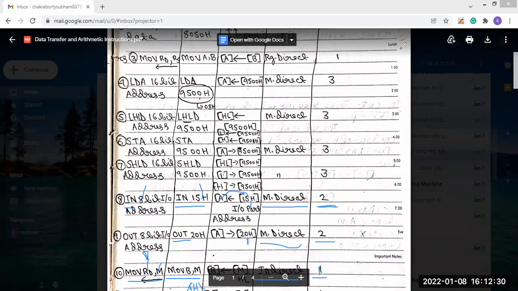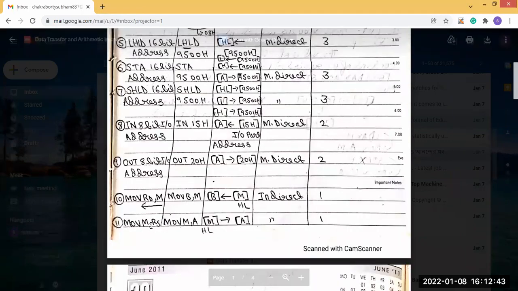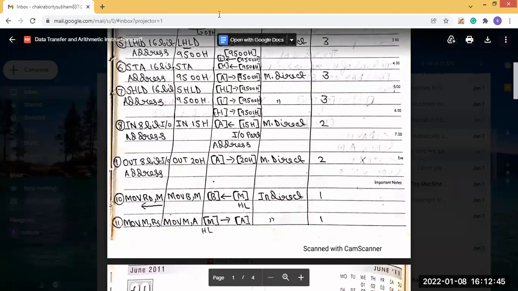Then the next command which we have is MOV M, Rs. Rs means source. That means the content will go from the source register to the memory.